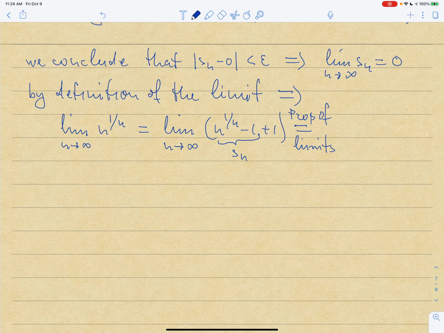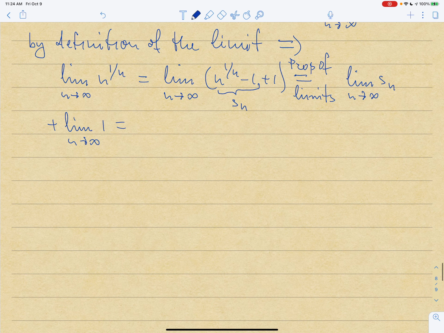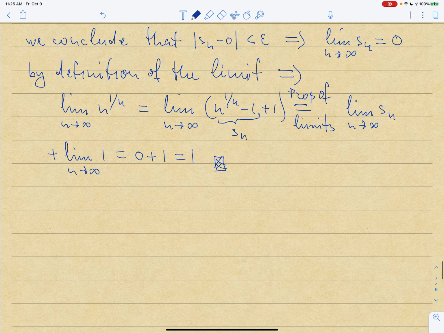So this should be the same as the limit as n goes to infinity of Sn plus the limit as n goes to infinity of 1. Limit of a constant is that constant. Limit of Sn is 0. So 0 plus 1, 1. And that's what we set out to show, that the limit of n to the power 1 over n is equal to 1.